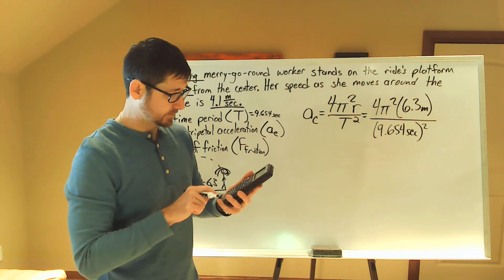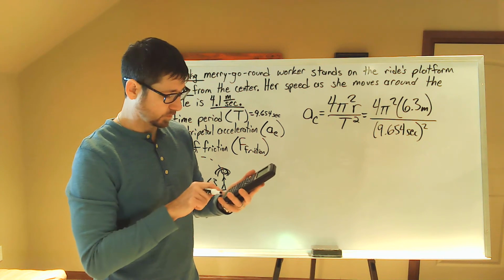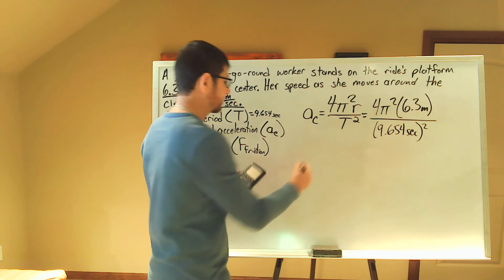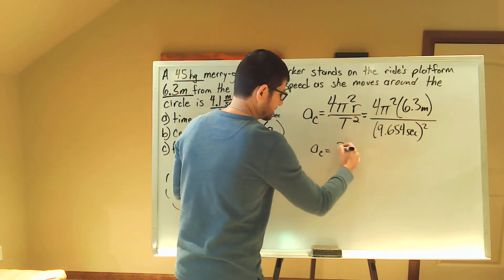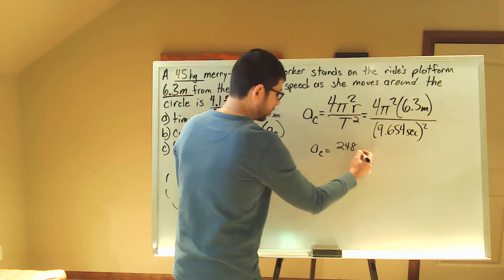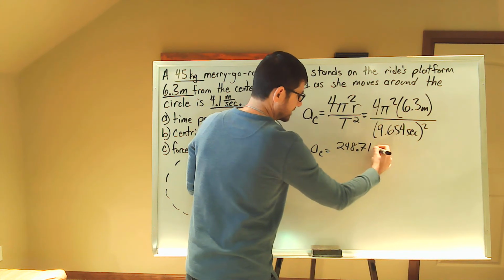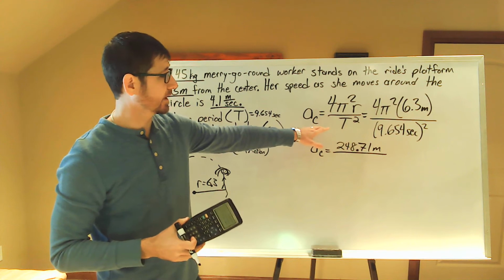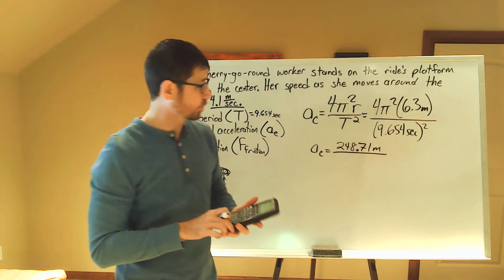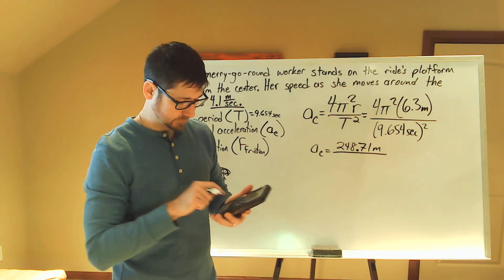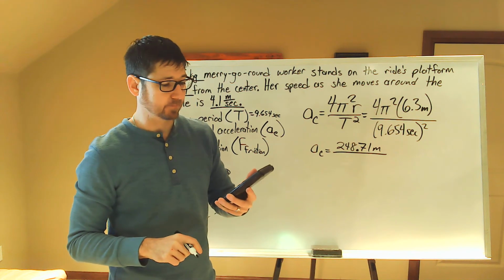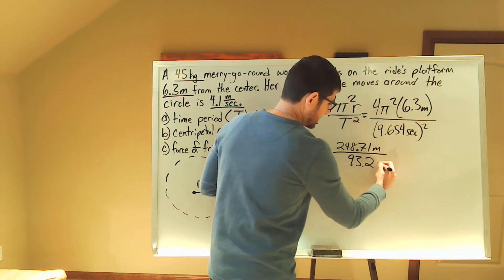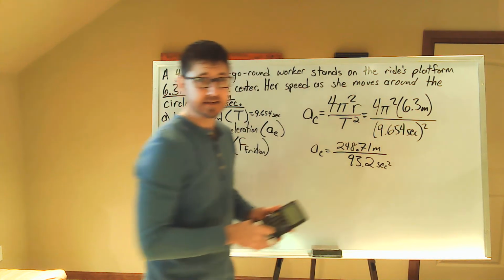So pi squared times 4 times 6.3 is going to give us 248.71 meters. And we're going to divide this by the time period squared. So let's square 9.654. This gives me 93.2. And we have units of seconds squared here.